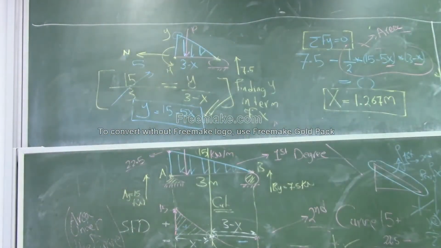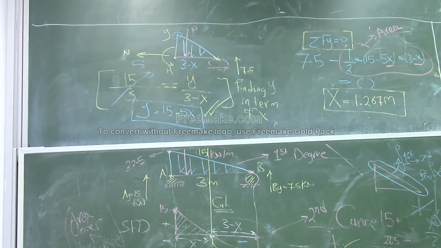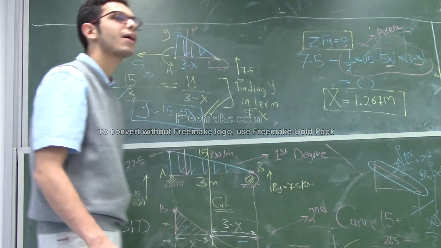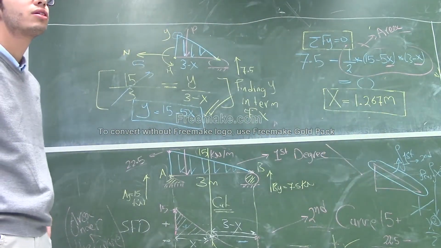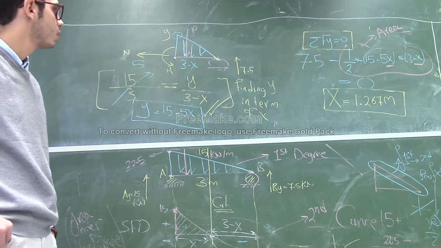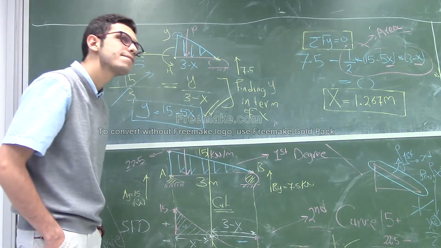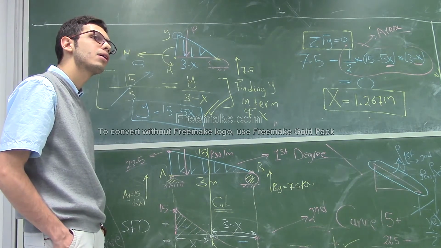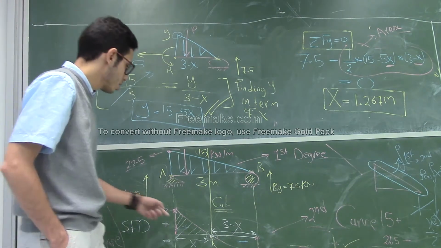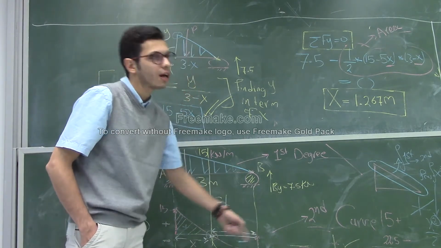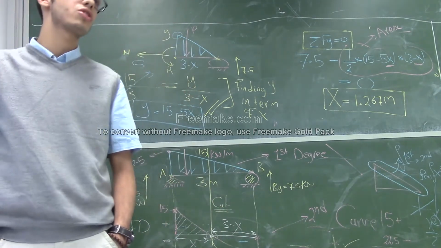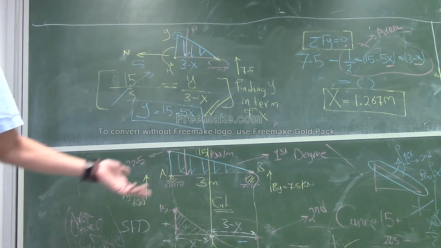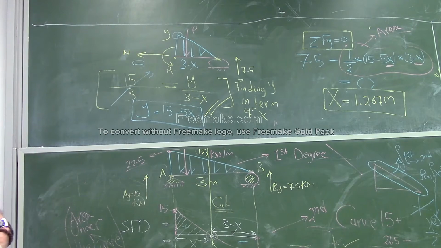Easy or not? You have a question. Is there any possibility where the curve will start at 15 and end at 0, starting here and ending here directly? Yeah, there's a possibility. It depends on the question that you got. In this case, there is no need for the cut because there is no zero force.